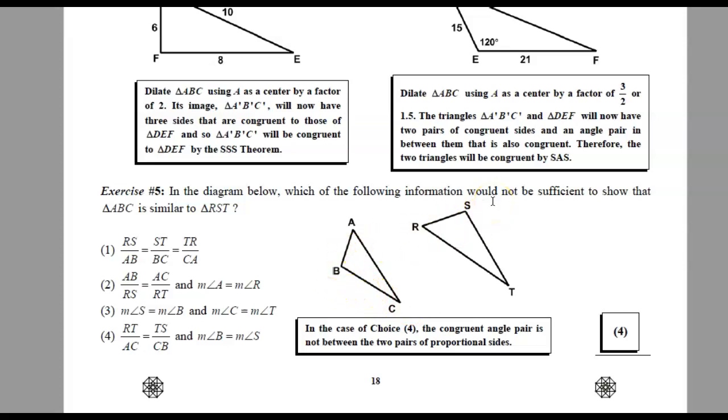The problem is those two angles are not between the two sides that we've established. Remember, we established AC and BC with RT and ST. So what we needed here was angle C and T, not angles B and S. It's just the wrong angle. This would be an SSA, which is not enough for similarity. So that's the reason why choice 4 is the one that is not enough info.